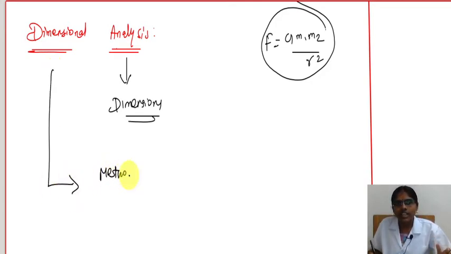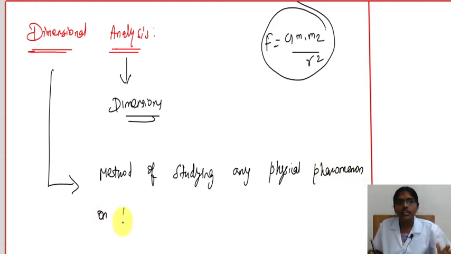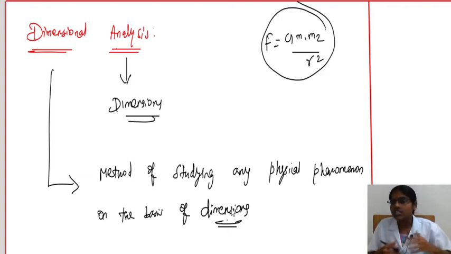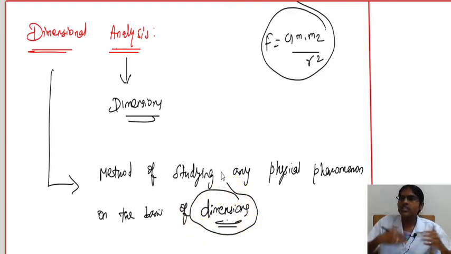It is nothing but the method of studying any physical phenomena on the basis of dimensions. So if we use dimensions instead of following the traditional method to study any physical phenomena, that is known as dimensional analysis, right?